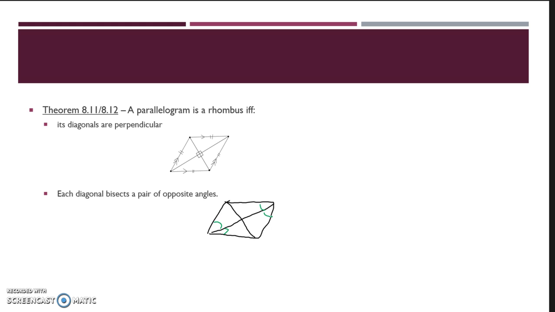And those two angles are congruent because they are opposite angles, and both of them are being bisected by that diagonal. So you have four congruent angles. The same thing happens with the other two opposite angles as well, so you have four other congruent angles. So rhombuses for the most part have a lot of congruent angles.